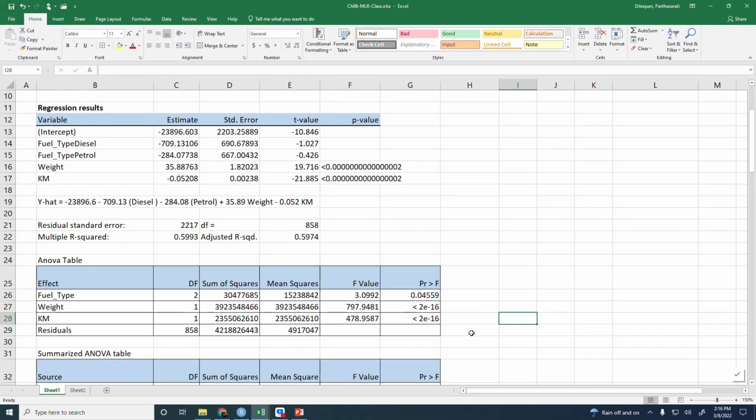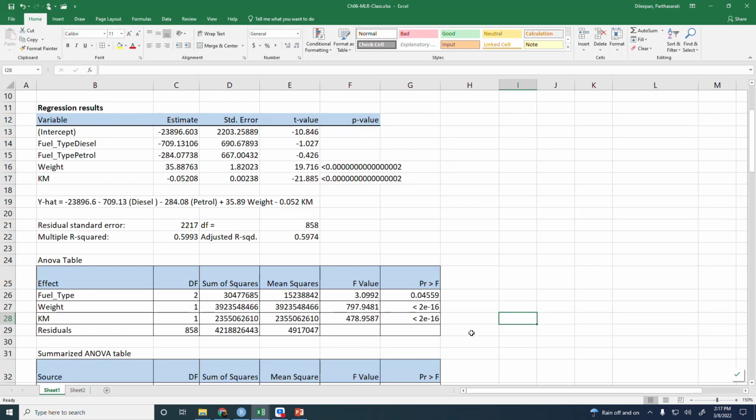But what is important in this ANOVA table is the fuel type. So now fuel type is presented to you as everything included. All the dummy variables are combined, and you have the contribution that fuel type is making for the model. And that p-value is 0.04.